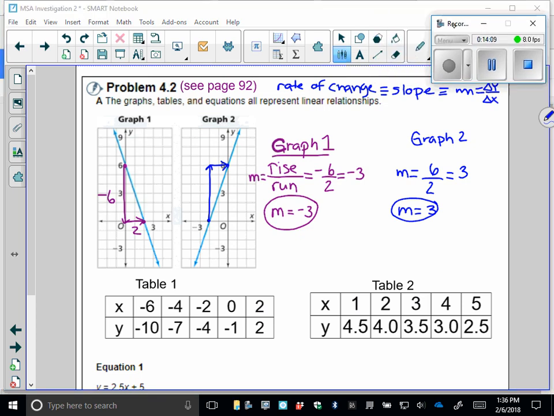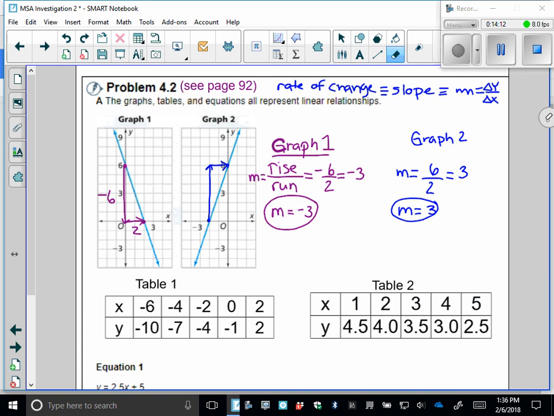So all of this means the same thing, just a bunch of different ways to say the same thing. Okay? Want to try the table, Jada?